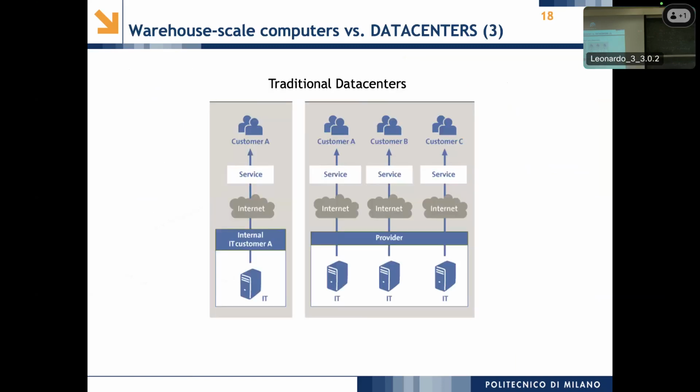So the single traditional data center looks like this: I have a single company, I have my own IT infrastructure, and I have just my own users. In a co-location scenario, you have separate servers that are managed for different companies and different end users. So that's the scenario of a traditional data center.